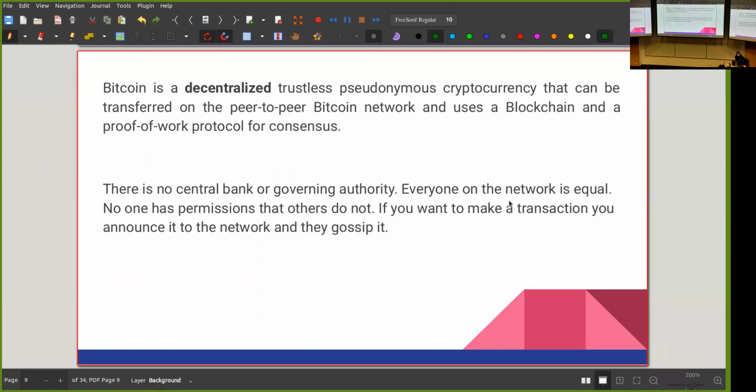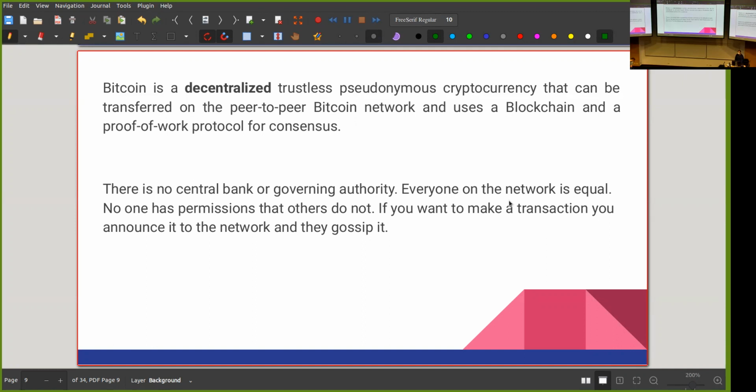Okay, decentralized. This is the most widely misunderstood keyword here. When people think about a decentralized currency such as Bitcoin, they tend to dream whatever they like. It's like they feel like they have perfect privacy, that no one can check what they're doing and things like that. But actually, the definition of decentralization is quite different.